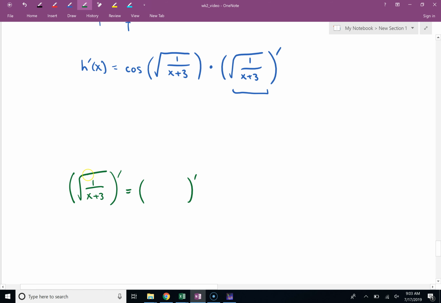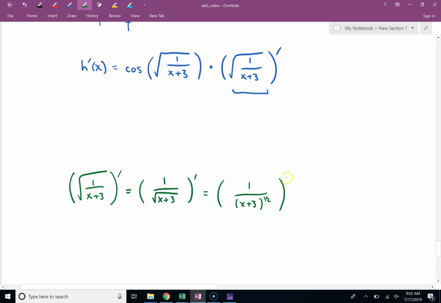So the first thing is, the square root of 1 is just 1, so I could simplify that down. And then in the denominator, this doesn't simplify down at all, so this is still the square root of x plus 3. Again, with these square root problems, we remember that the square root is the same thing as being raised to the 1/2 power. So instead of the square root, I'm going to put raised to the 1/2 power.